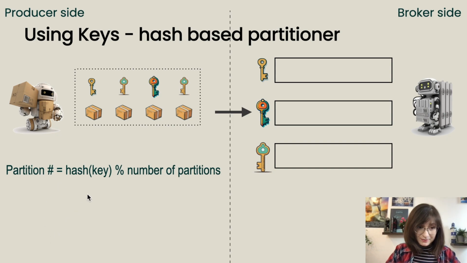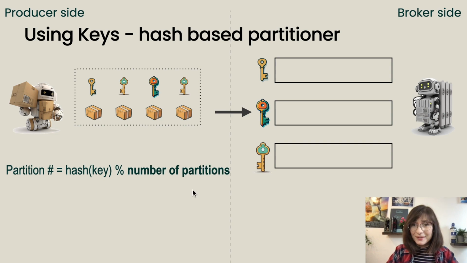Looking at this formula, spoiler alert for the future section. Think what happens if we decide to add more partitions to the topic later in time. In this formula, we change this value, and this will affect the partition number which we will have for our key.